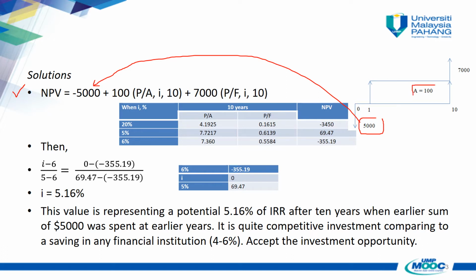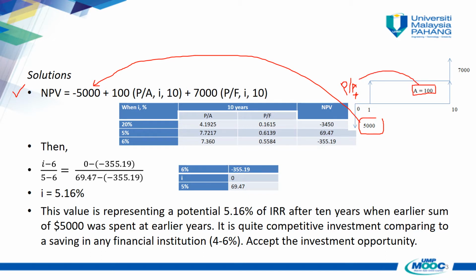This is A, because we want to know what happened at present worth, present day. So we call those finding P when we know the A.